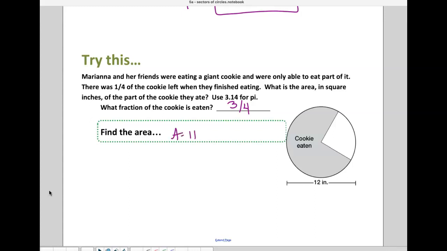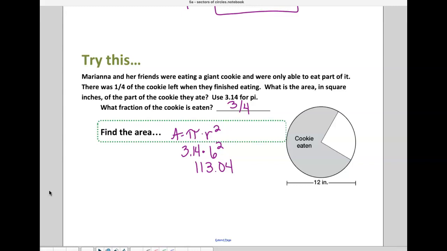Area equals pi times radius squared. 3.14 times, what's the radius of that circle? 6. So 6 squared. 3.14 times 36 is 113.04.